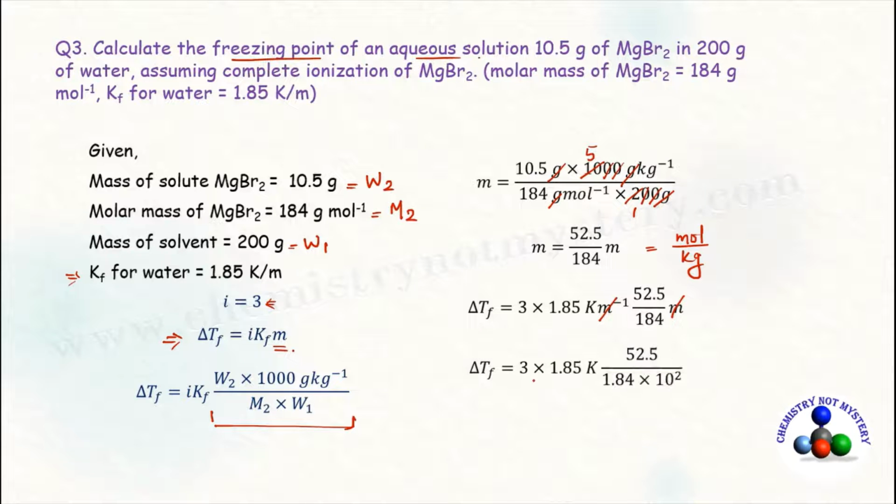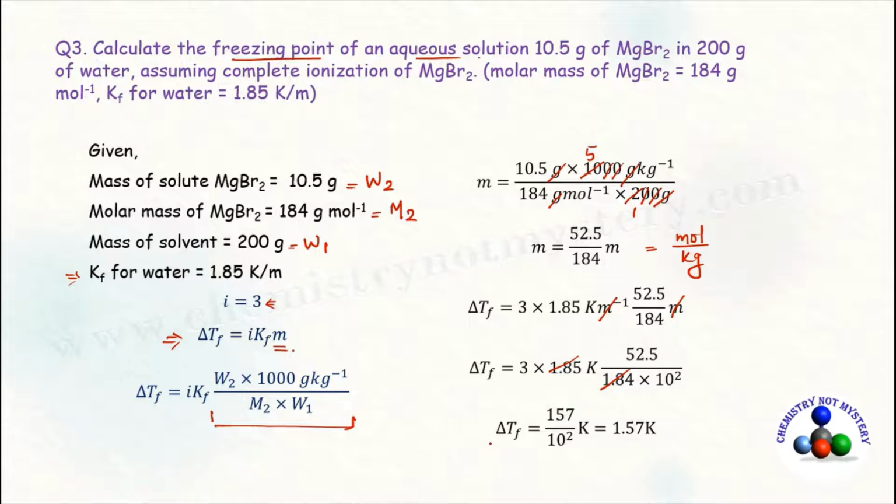So here you will get 3 into 1.85 Kelvin multiplied by 52.5 divided by 1.84 into 10 raised to 2. So here we can cancel out 1.85 with 1.84. When you multiply 3 and 52.5, you will get 157 divided by 10 raised to 2. When you calculate it, you will get 1.57 Kelvin.